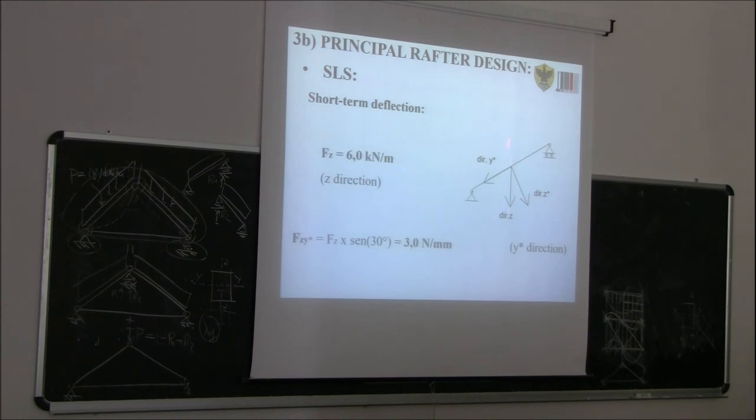Fz, if we consider the vertical component, can be decomposed into one component perpendicular to the roof and the other one parallel to the roof. The one parallel to the roof, you have to multiply by sin of 30 degrees, so it's 3 Newton per millimeter, and the one perpendicular to the roof is 5.2 Newton per millimeter.